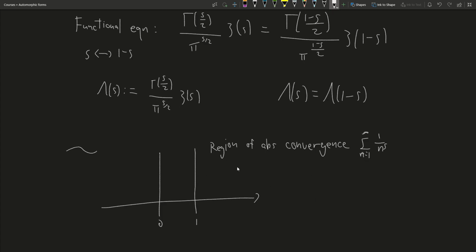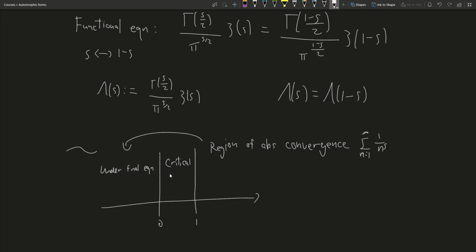And so over here you can understand the Riemann zeta function easily just through analysis of this series. And then this functional equation tells you what's going on over here. Because you understand it here, and because you have this easy functional equation, you can understand the Riemann zeta function easily over here.